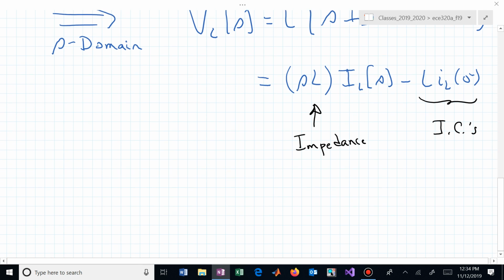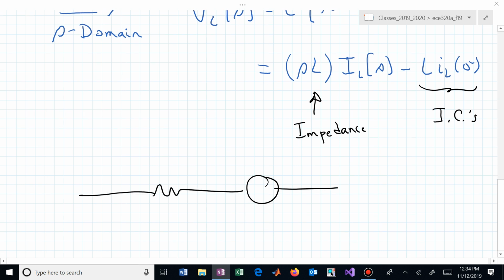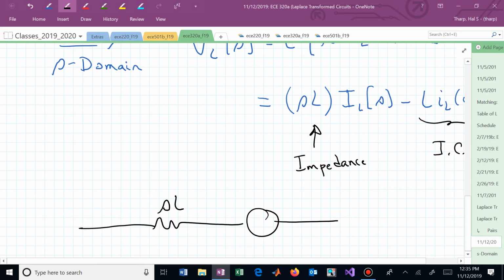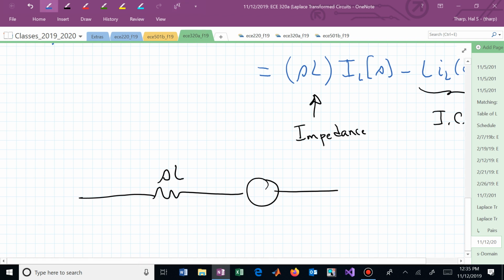Which means that if we now put this into our circuit and we are taking into account the initial conditions on the inductor, then we need to make sure that we have both terms. We have the impedance term, SL. Here is our current. Let's define a reference direction for that.